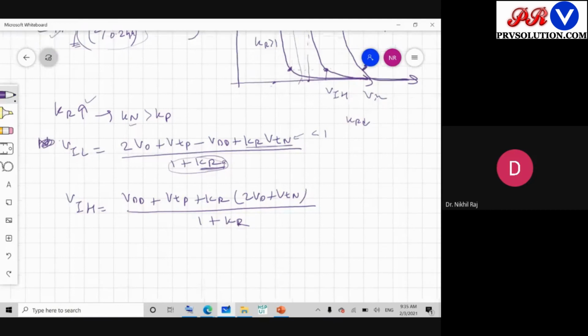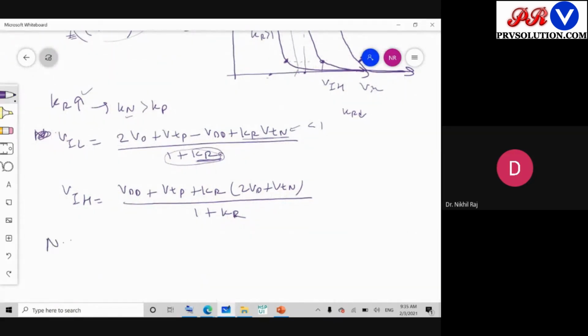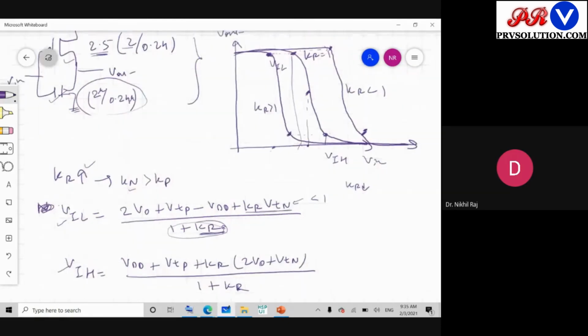It will affect my noise margin, because the VIL and VIH points are changing, whereas VOH and VOL are not changing. My VOH and VOL are fixed. However, my VIL and VIH points change with respect to dimension.